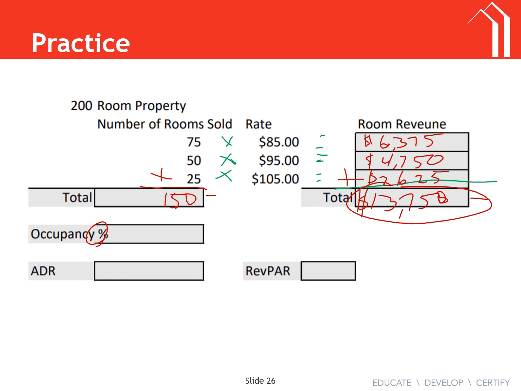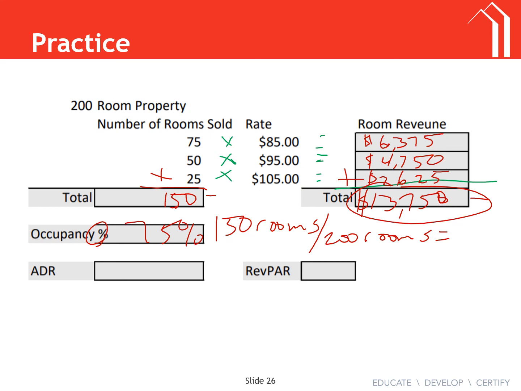So what's our part? Good. So our 150 rooms, we divide that by our whole of 200 rooms, and we get 75%. All right. 75%, nice and even. Well, not even, a nice whole number.